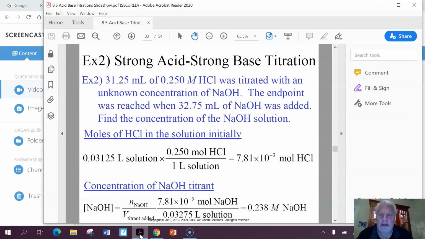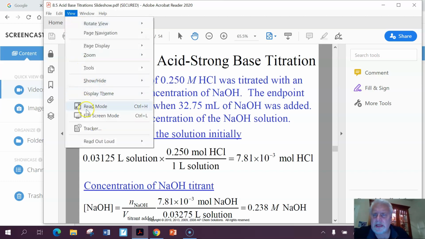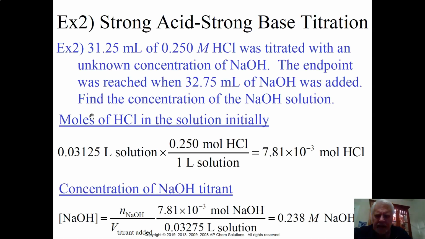Alright, so we left off right on this slide right here. Let's take a look, see what we got going on here. If you remember, we easily calculated the moles of HCl.